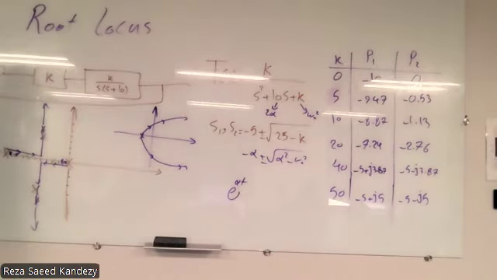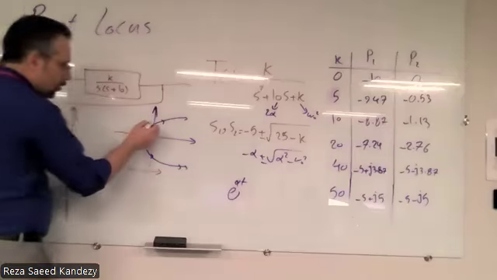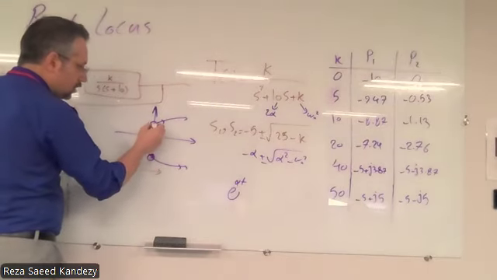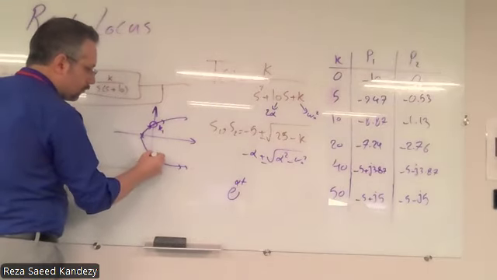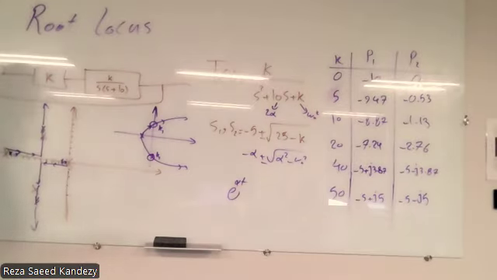That means from a certain k here, let's say it's k1, if we increase the k after that point, we are going to move toward the unstable system, the unstable region.